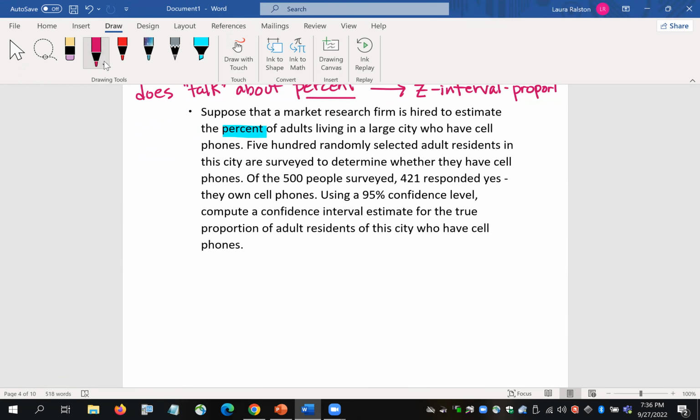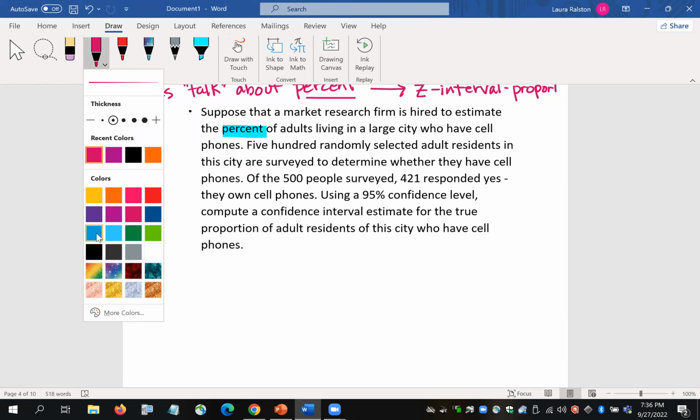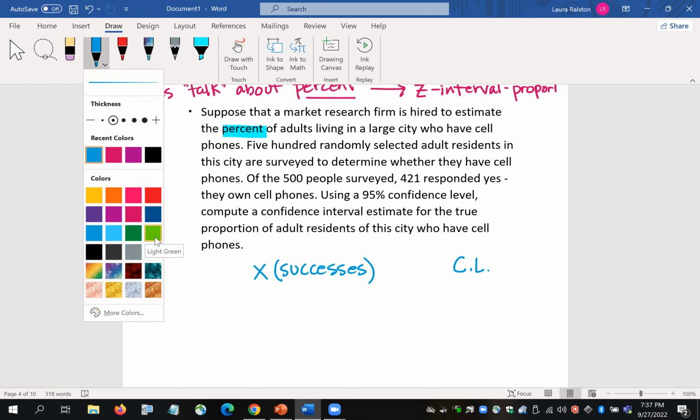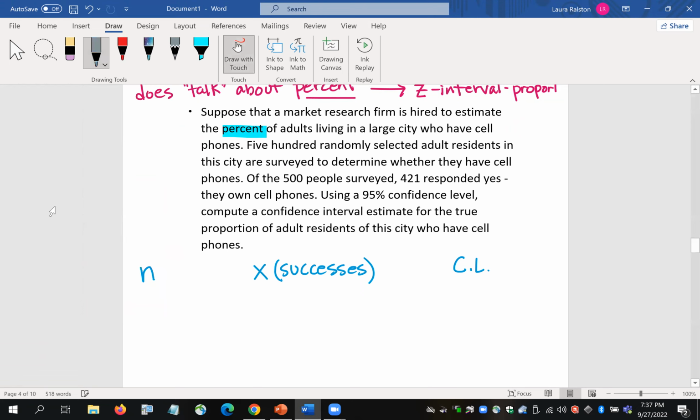And to do a Z interval for a proportion, I need three things. I need N, which is the number of trials or the sample size. I need X, the number of successes, that I got what I want, and the confidence level. So it tells me in the story that 500 people were surveyed.